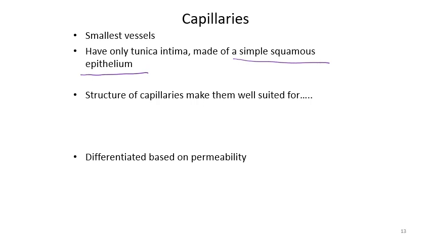And so that structure makes these capillaries really good at exchange, because what happens in the capillaries is we move things out of the capillaries out to the interstitial fluid so the cells can access them, and then things move from the cells into the capillaries. Now they're in the bloodstream and then go back to the heart. There are a few different structures of capillaries based on how easy they are to cross and what sort of things can cross them.